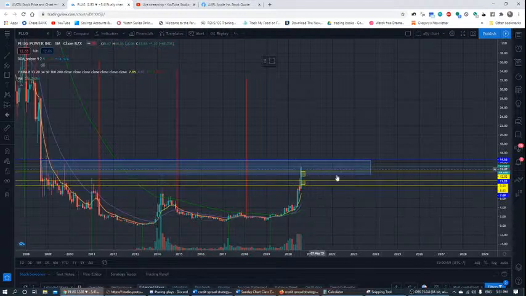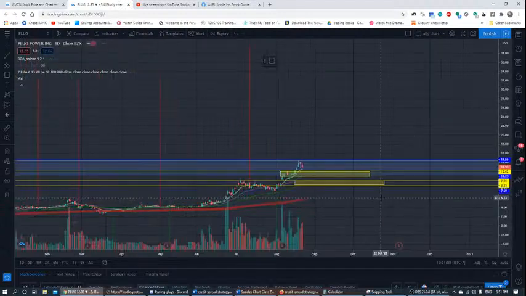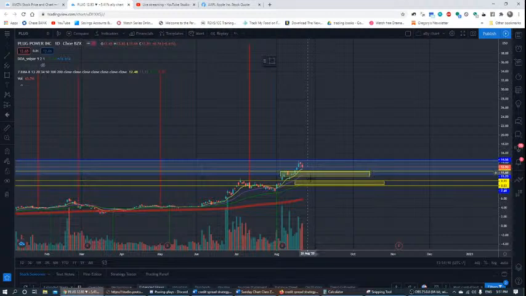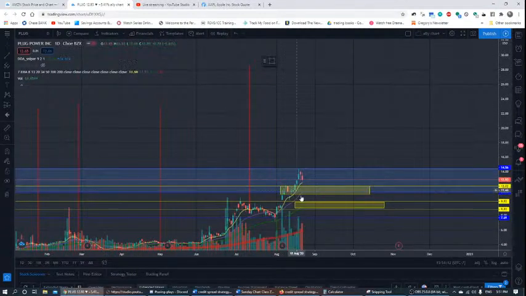I think that the stock is going to retrace. So if you're shorting this, maybe take profit around this $11, $12, $13 area.